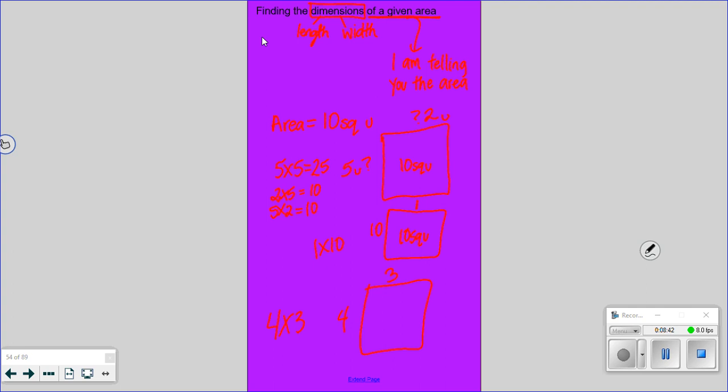If you want to be really fancy, check this out. So we found out that a 2 by 5 and a 1 by 10 worked. Do you see any relationship there? Oh! It's doubling.